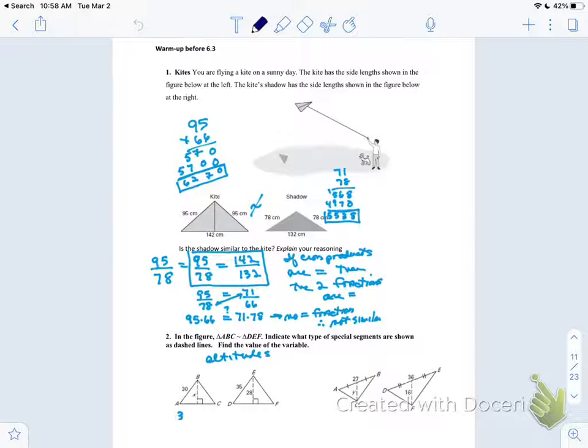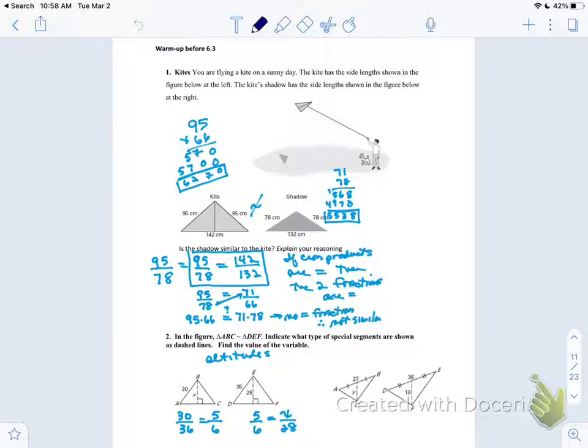It would be 30 to 36, and we're going to reduce that. How about if I put 6 into each? 30 divided by 6 is 5, and 36 divided by 6 is 6. That's your scale factor. That scale factor has to equal x to 28.